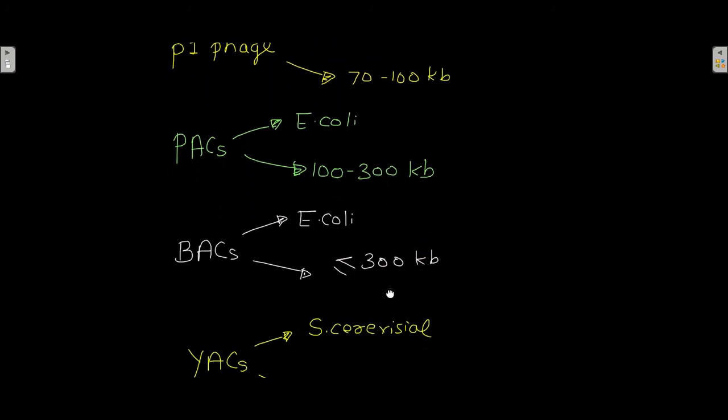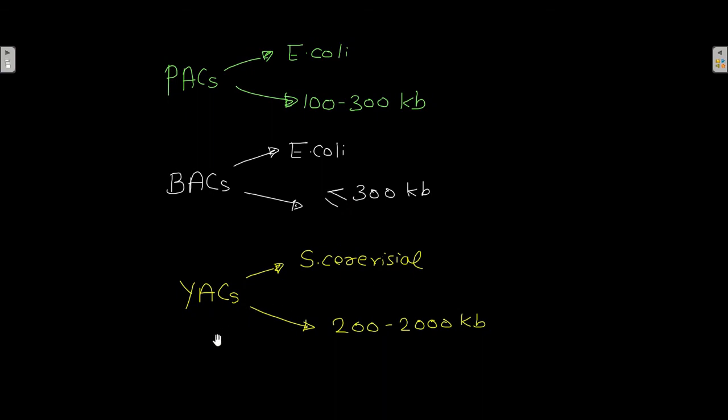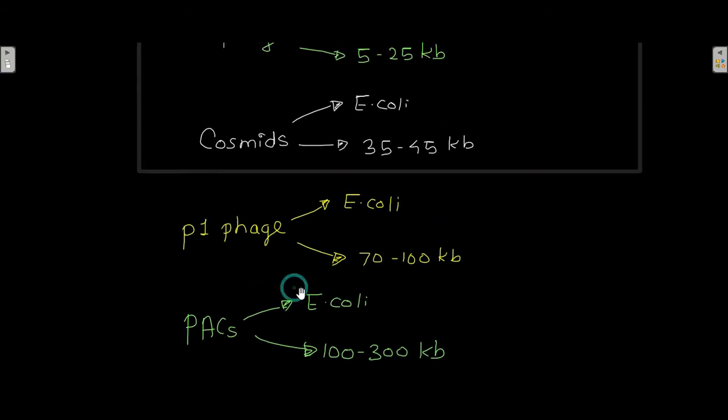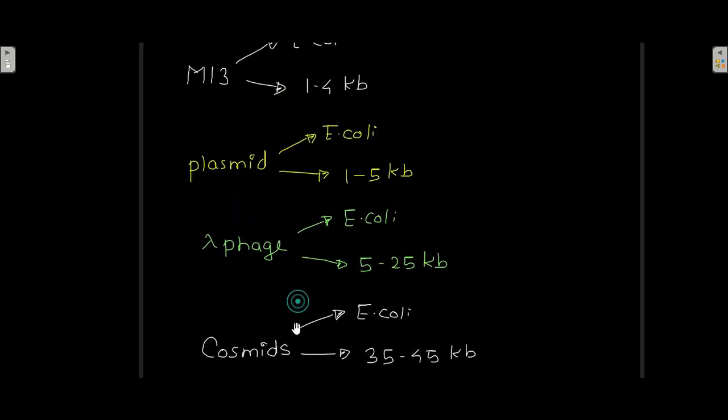And at last you have YACs, which we discussed in this video. The host cell for YACs is S. cerevisiae, and the carrying capacity of the yeast artificial chromosome is about 200 to 2000 kb. So the largest carrying capacity is of the YAC, and the smallest is of the M13 phage.